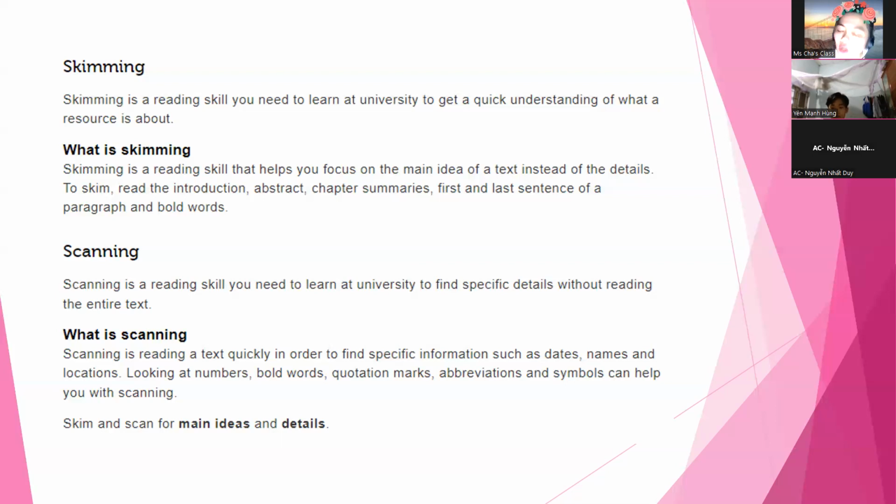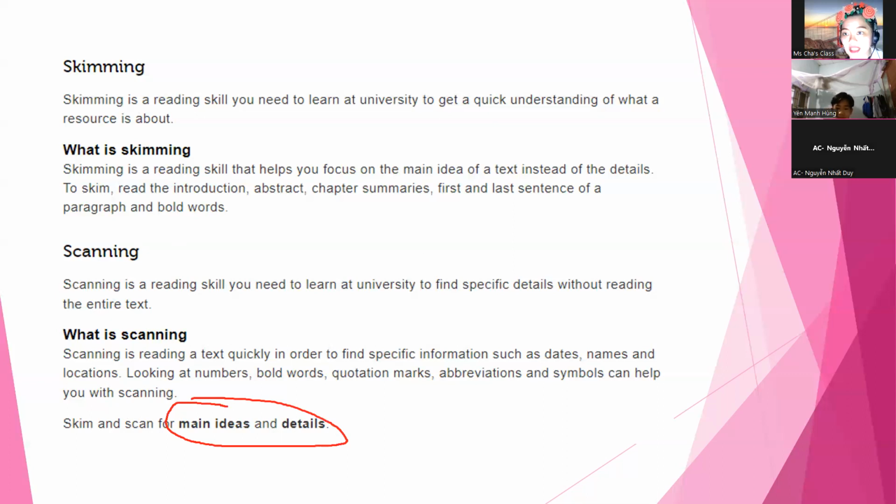Actually, maybe you're going to wonder, Miss Cha, that if you analyze it, it seems like both of them are the same. You might get confused with these two, but actually they have different purposes. Before I explain that, skim and scan, we use these for main ideas and details.